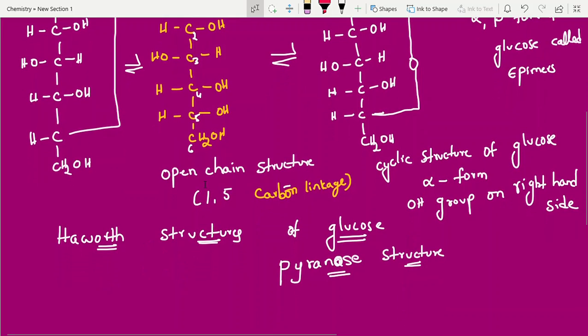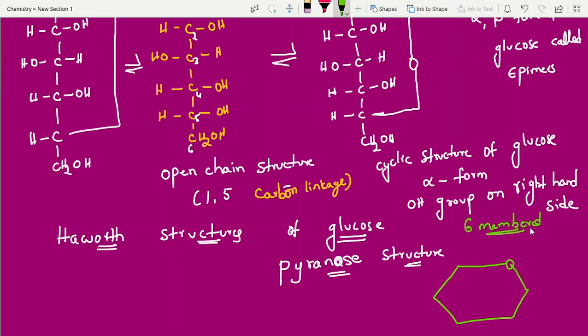Okay, look into this. Alpha form, beta form. This is a 6-membered ring, including oxygen.